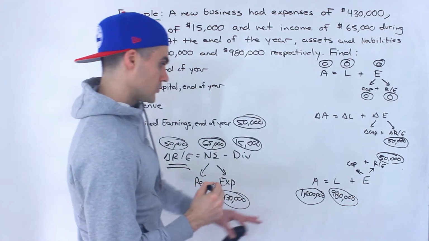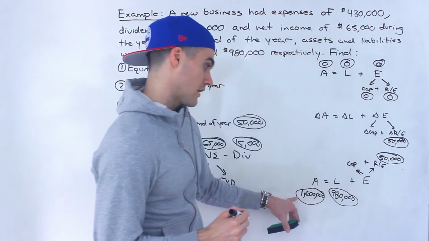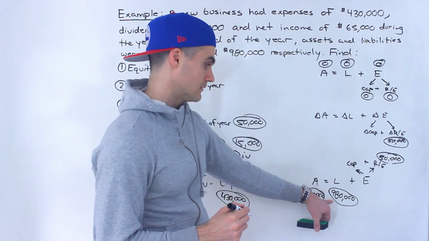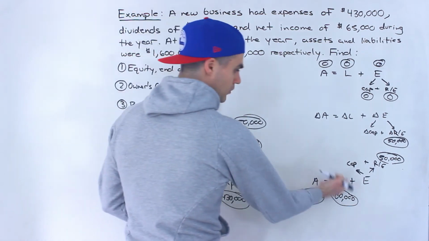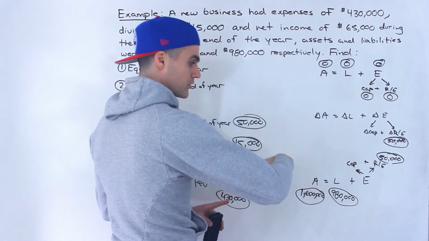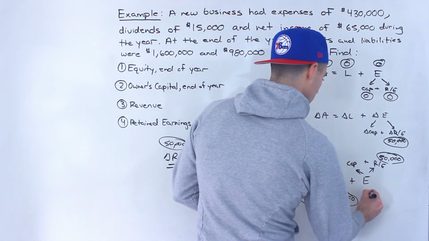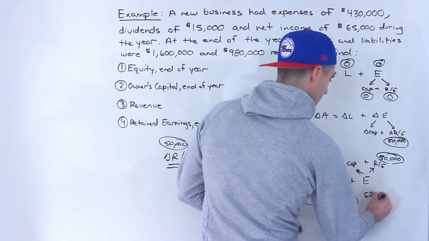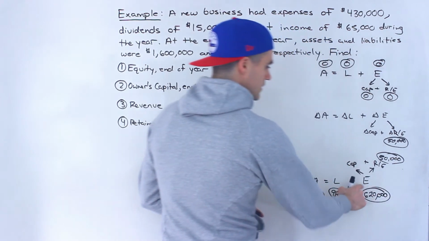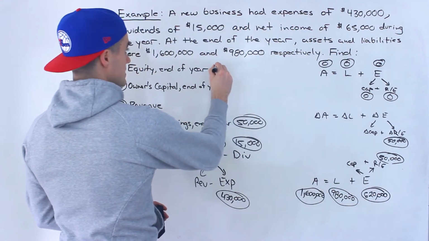What else can we get? Well, notice we can get the ending equity because we have the ending assets and the ending liabilities. So bring the liabilities over, 1.6 million minus 980,000. That would give us, what, 620,000? So that's the ending equity. That's this.